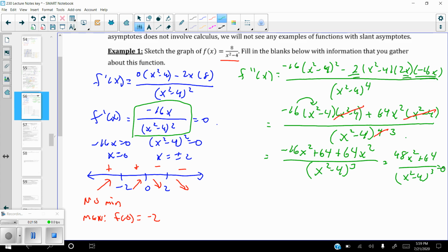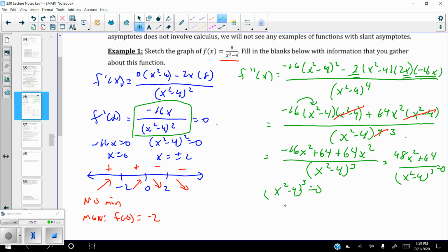So it's just the denominator I have to worry about, which is going to be x squared minus 4, that's a cube, cubed, equals 0. Well, I can take the cube root of both sides and get x squared minus 4 equals 0. We're in the same position we were in the previous one.